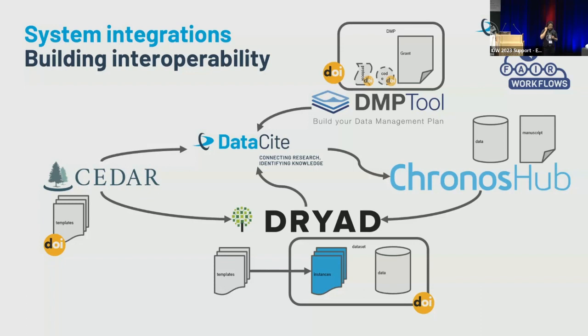All of these platforms plug into DataCite to either create, enrich, contribute, or harvest metadata from and to the DataCite infrastructure. And they talk to each other in various different ways to exchange information and make sure all of these outputs that are generated and shared through these platforms are identified and FAIRly available in the community.